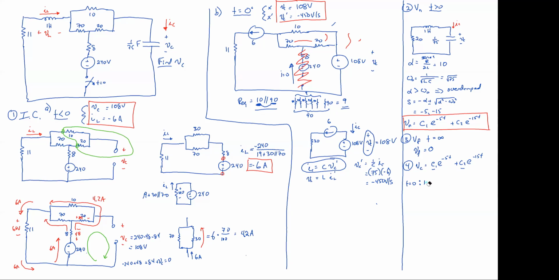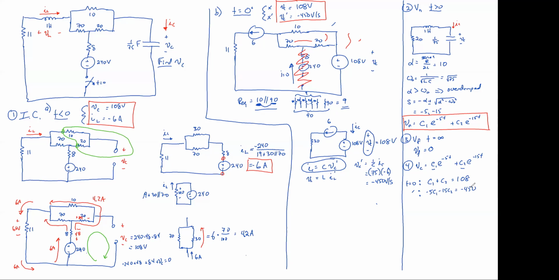That's it. C1 plus C2 equals 108. And then, Phil, tell me what the derivative would be taken at 0. Negative 5 C1 minus 15 C2 is equal to negative 450.